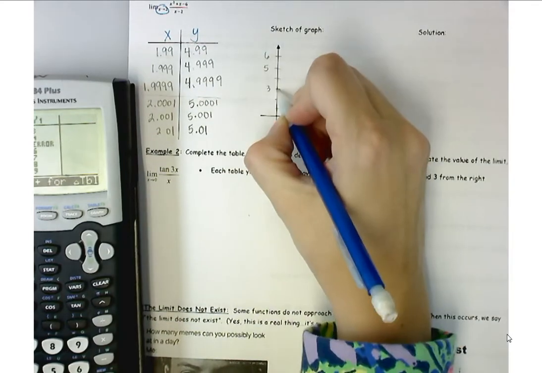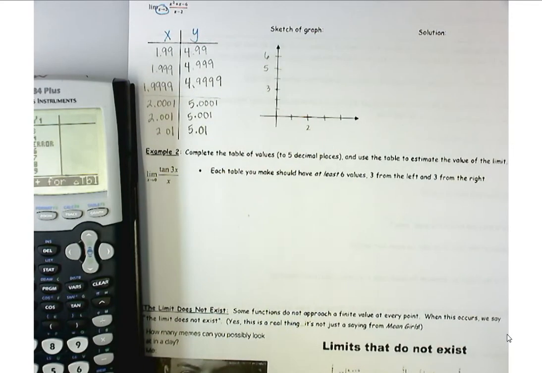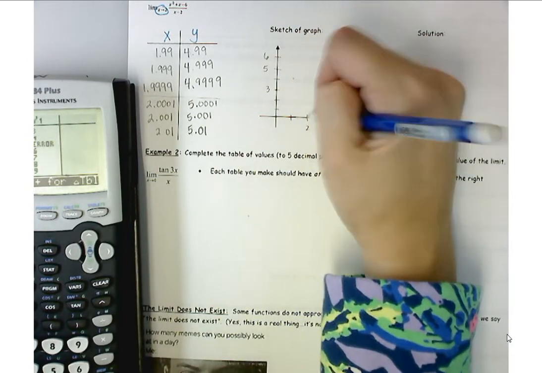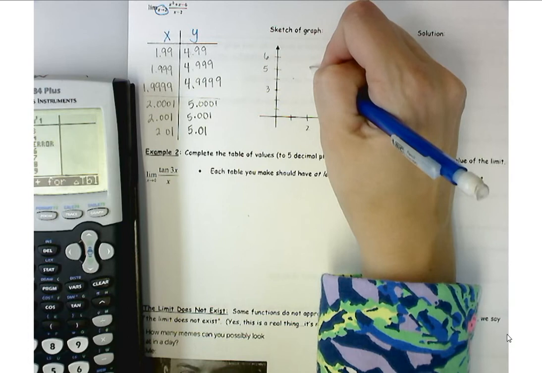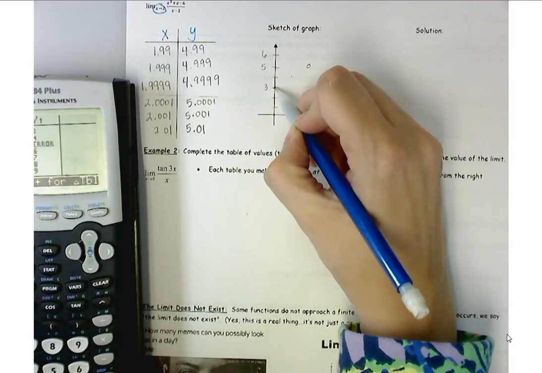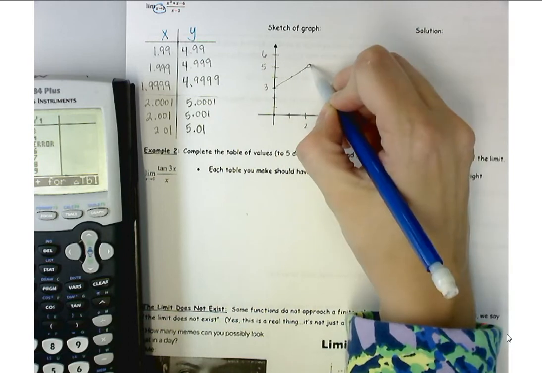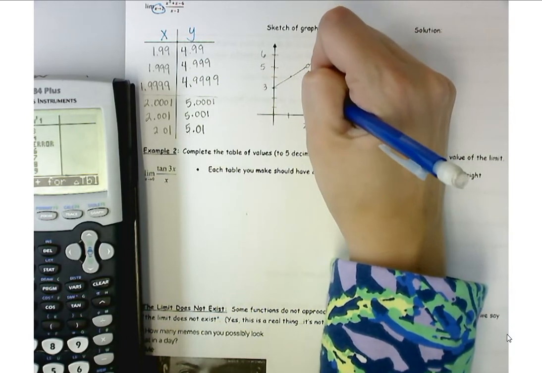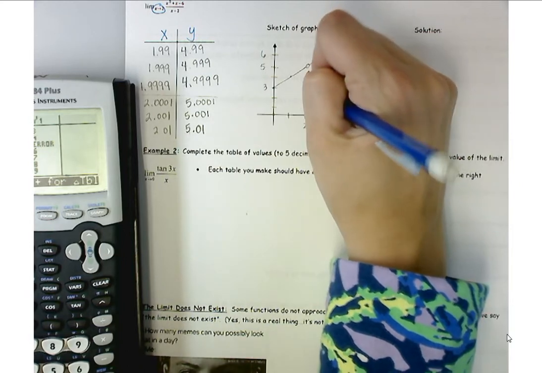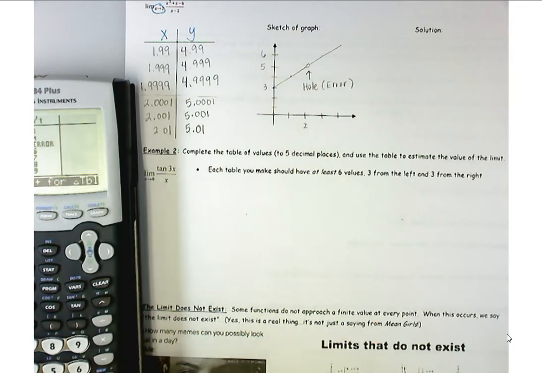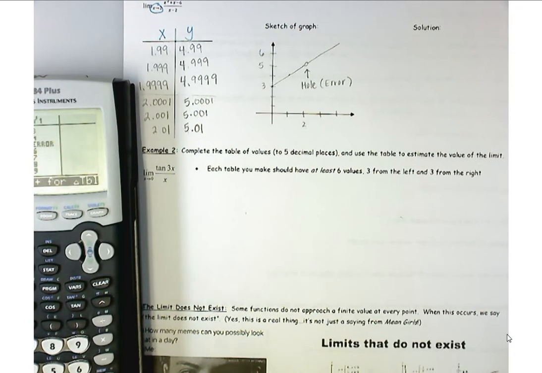So at 0, I'm at 3. At 1, I'm at 4. At 2, while there's an error, I know that's where my hole is going to be. Okay, and you're getting an error because that's where the hole is.